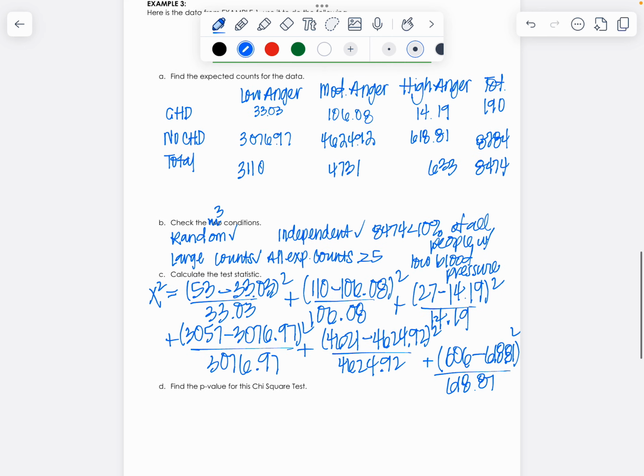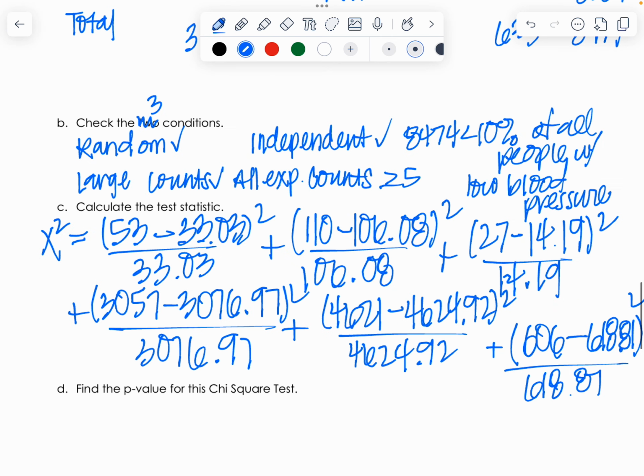Okay, so now we calculate. I hope my handwriting is not atrocious for you. So 53 minus 33.03.